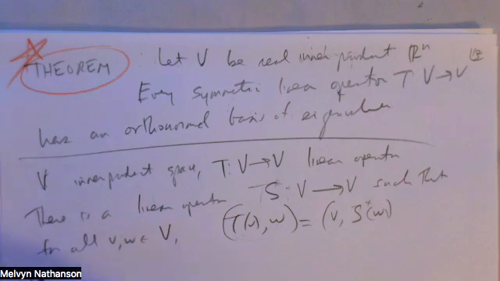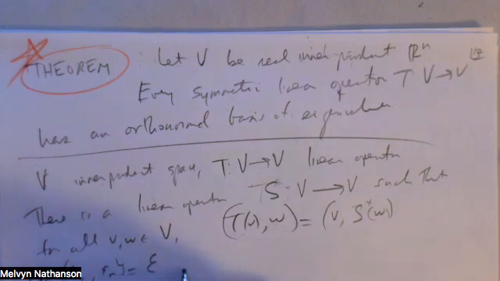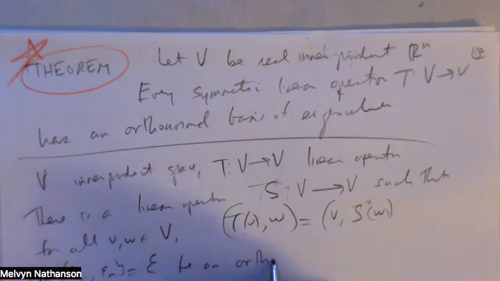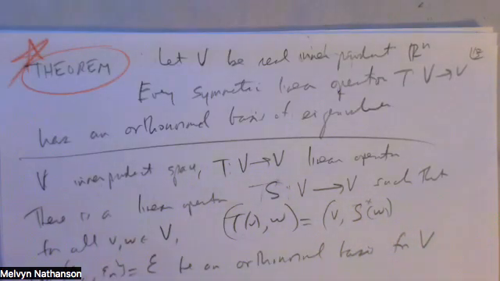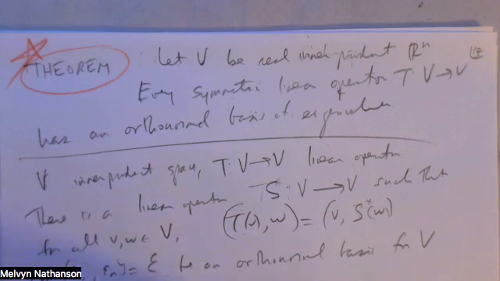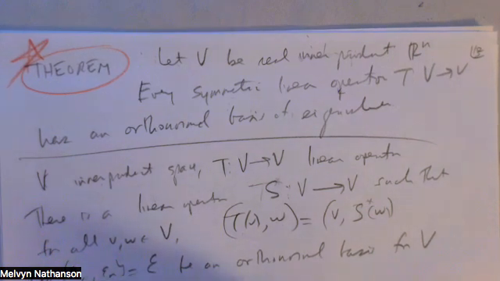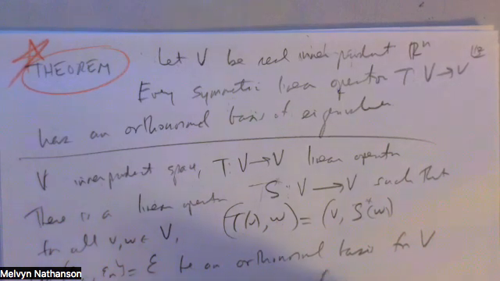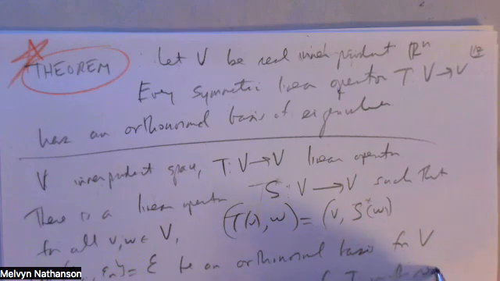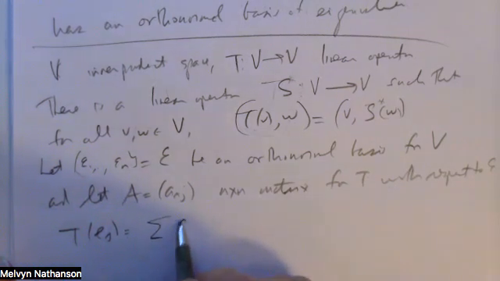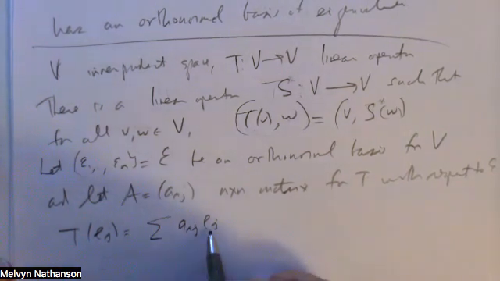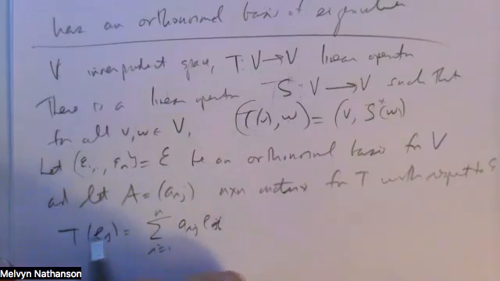So suppose we have E1 up to En, that's script E, an orthonormal basis for the vector space V, and let the n by n matrix A, with entries Aij, be the matrix for T with respect to this basis E. So T of every basis vector Ej is the summation of Aij Ei, i goes from 1 up to n.